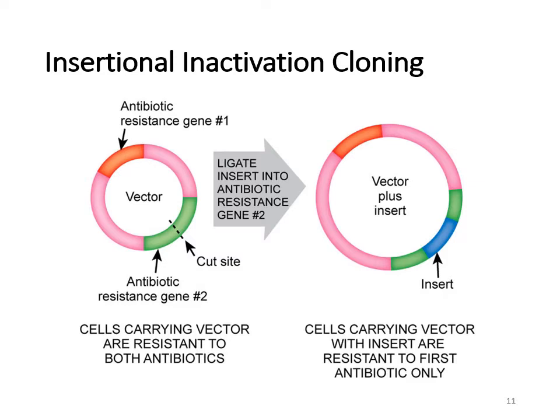Okay, now in the case of our lab experiment, what we do instead of having two antibiotic resistance genes, you have the idea that the vector has the first part of the beta-galactosidase gene, and then the bacterial strain has the second part. So when the regular vector meets the bacteria, boom, you get the blue colonies.